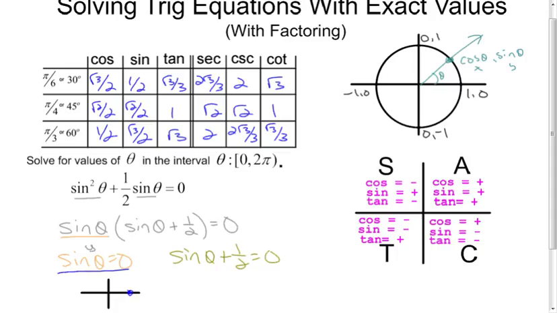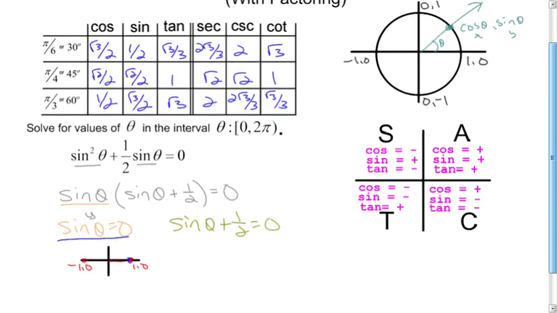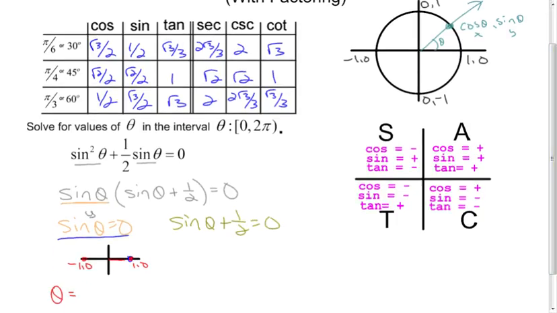So that is going to give me a value here at 0 degrees, 1 comma 0, and at pi radians. Excuse me, I should have said 0 radians, because we're in radians, right? So we see here that two of my values that I want are theta equals 0 and pi. And again, that's only from the first equation that I'm solving.